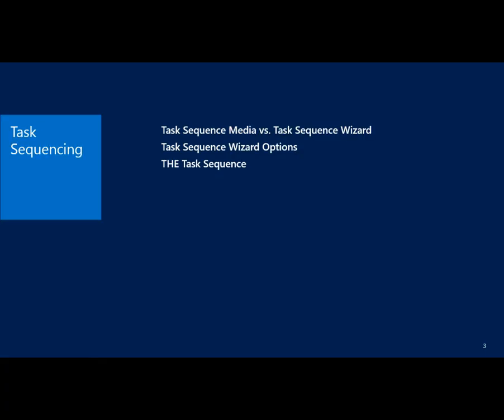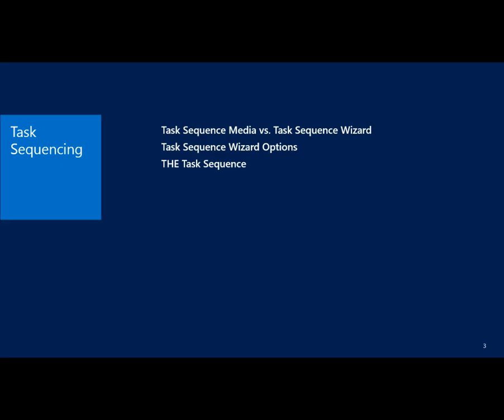We're going to talk about it in a couple of ways. There's the task sequence itself, which is the engine that drives a lot of the processes, but then there's a couple of wizards that work with the task sequences, either to engage the task sequences and allow them to run, or the wizard might produce media that has an embedded task sequence.